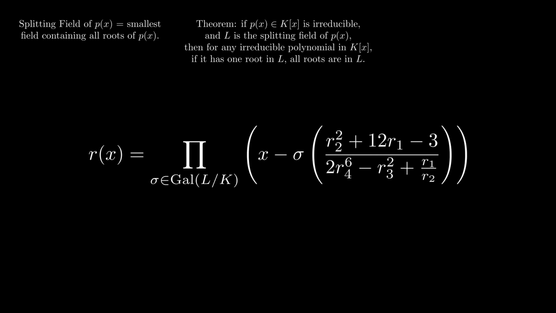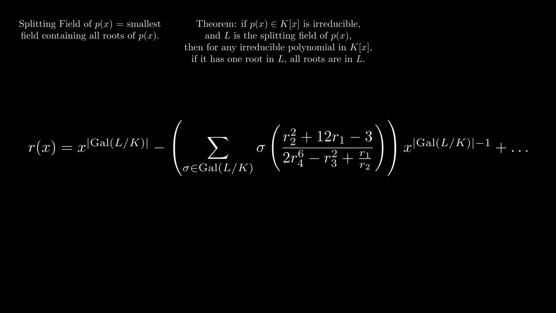If we expand this out, Vieta's formulas say that the coefficients are symmetric in all the roots. So if we take any one of the coefficients and apply any Galois element to it, all we're doing is rearranging the terms of the sum, so each coefficient remains fixed. Thus, by the fundamental theorem, since the coefficients are fixed by everything, they're all in the base field K. What does that mean?